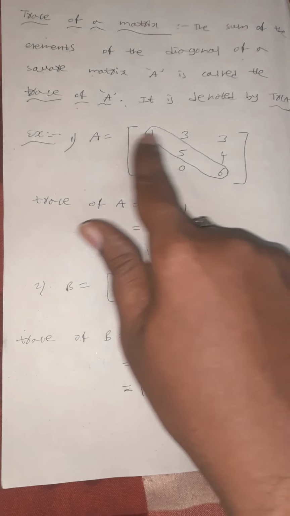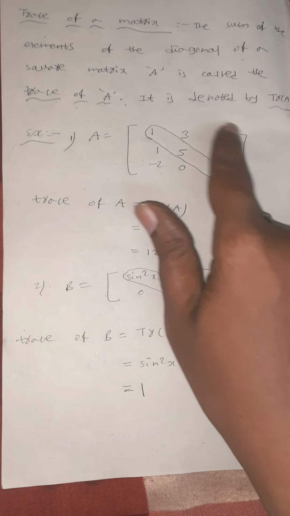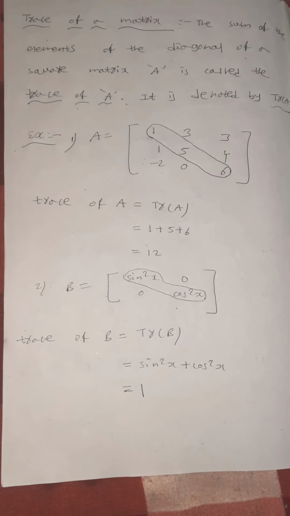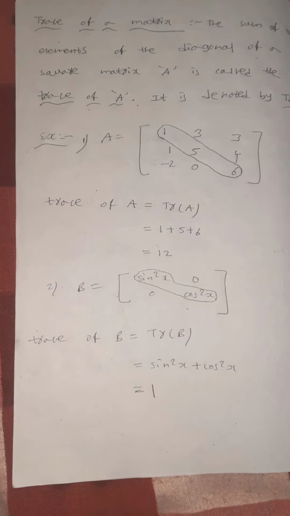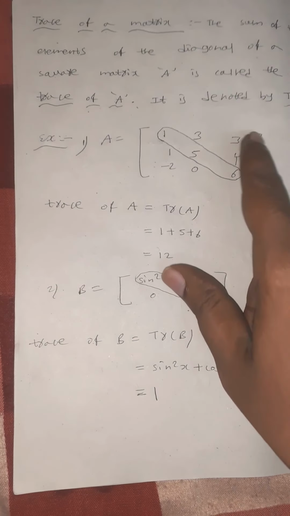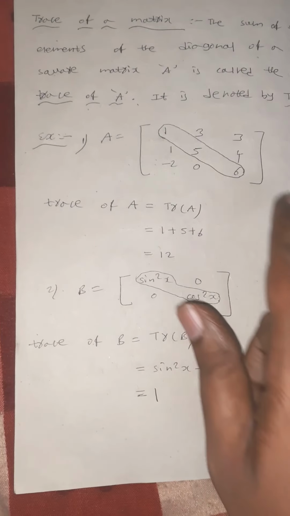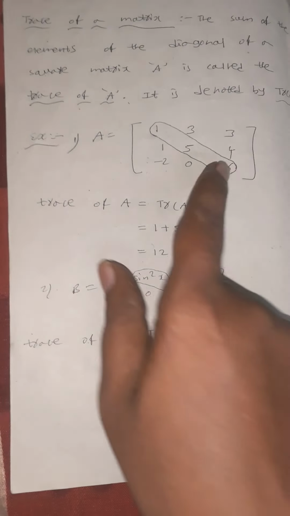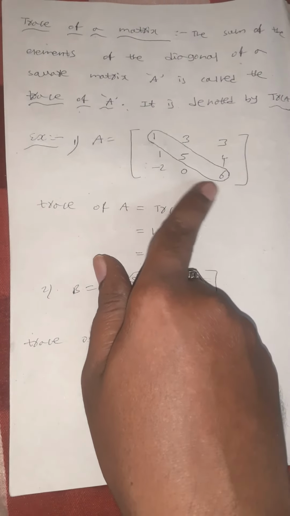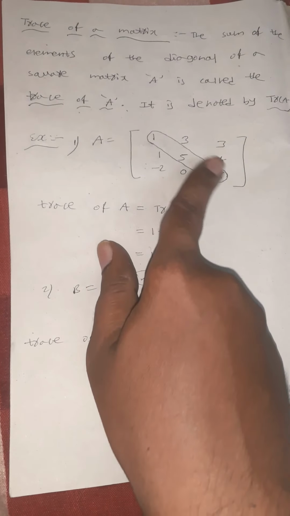You cannot find it like this, because the answers will come different. So it is not a possible condition. Here you should take only this part for the trace.